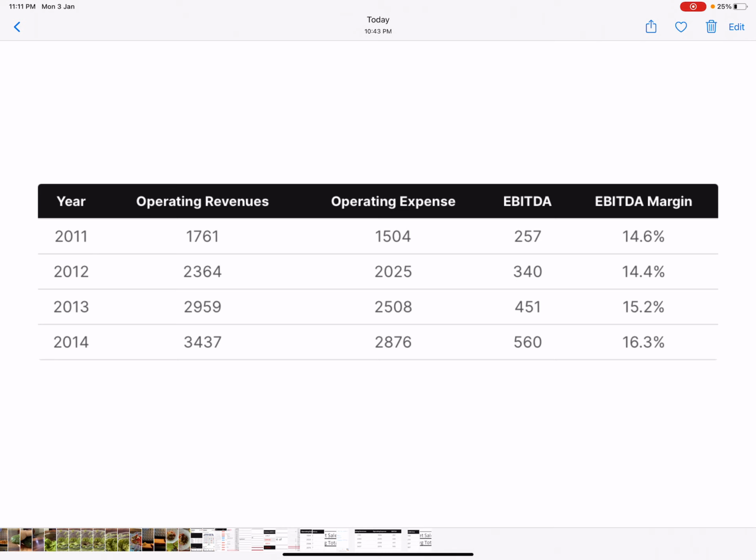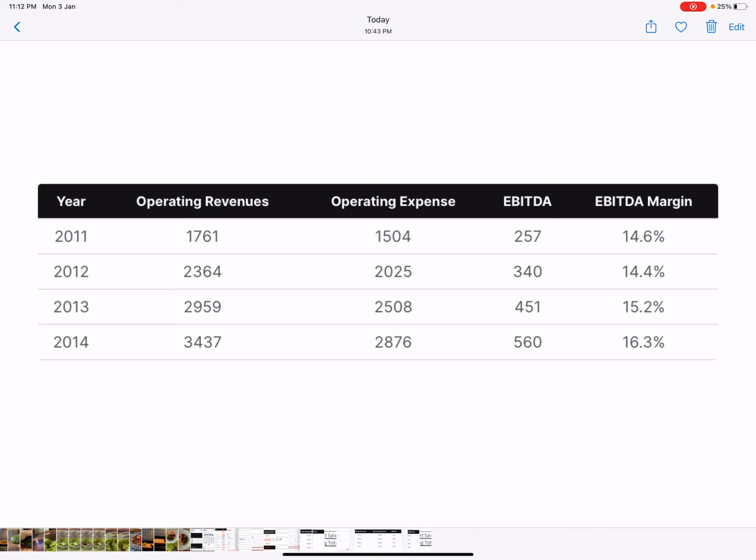This is a good sign as it shows consistency and efficiency of the management's operational capabilities. In 2011, the EBIT was rupees 257 crores, and in 2014, EBIT is 560 crores.